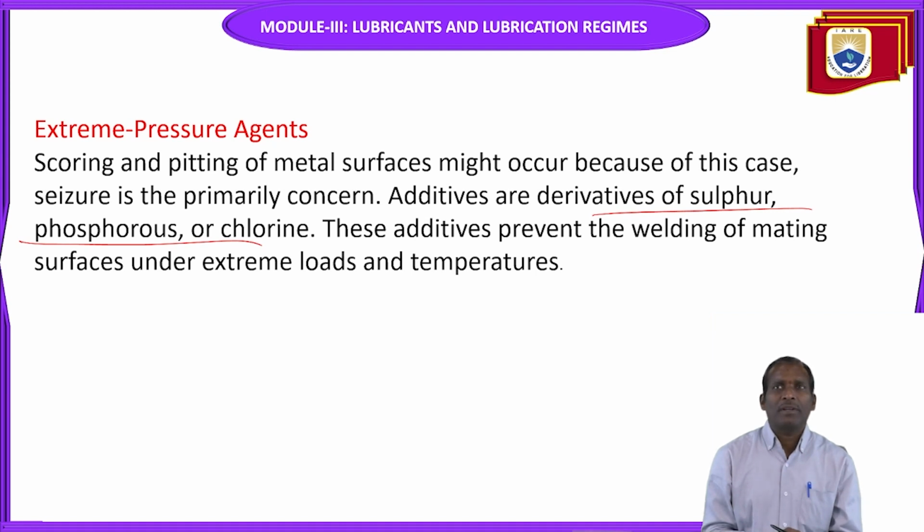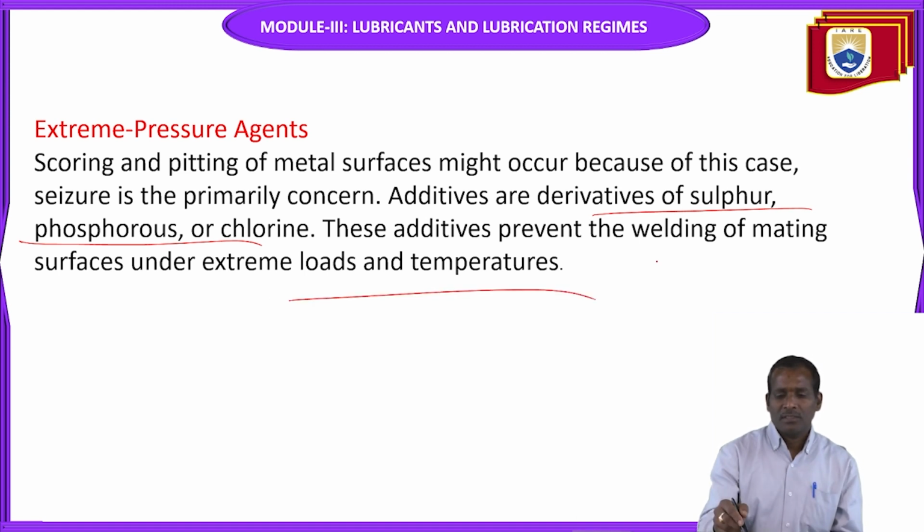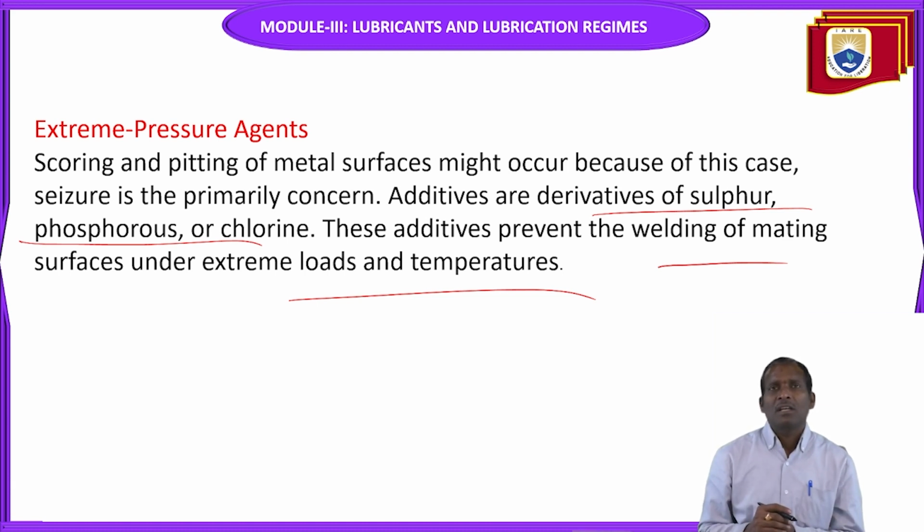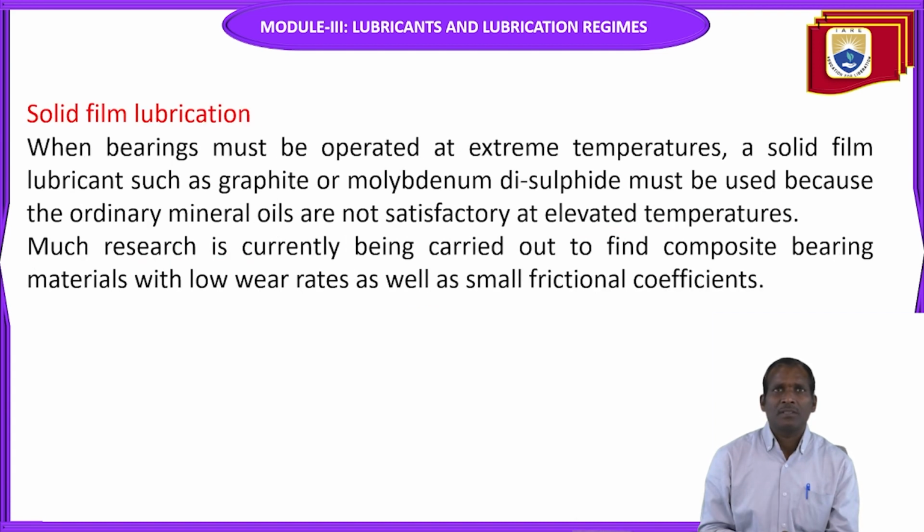These additives prevent the welding of mating surfaces under extreme loads and temperatures. Under extreme load and temperatures, you can add these additives, and due to the chemical reaction you can minimize this welding and stickiness between the surfaces.